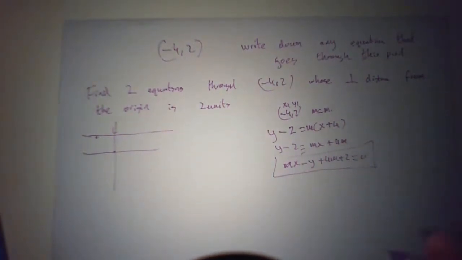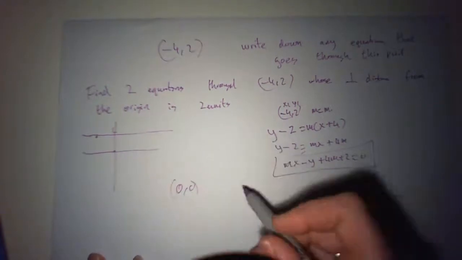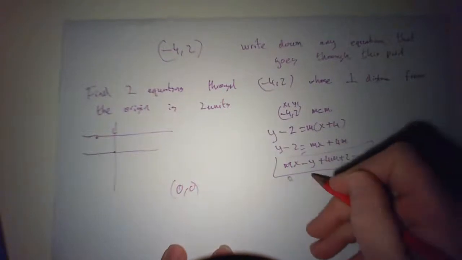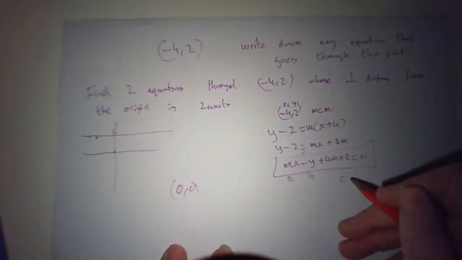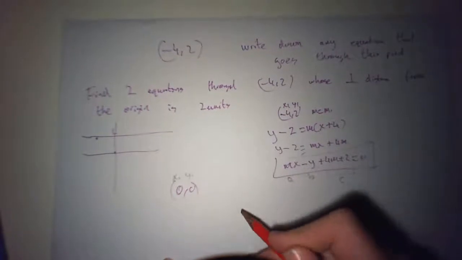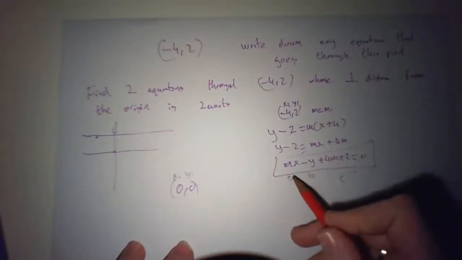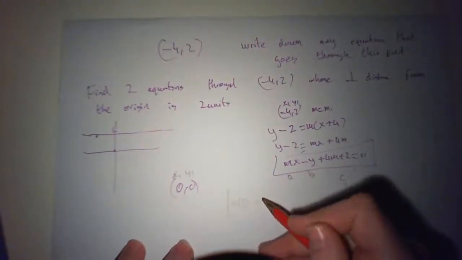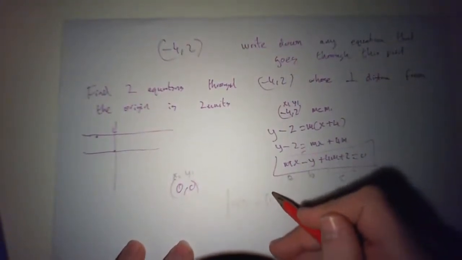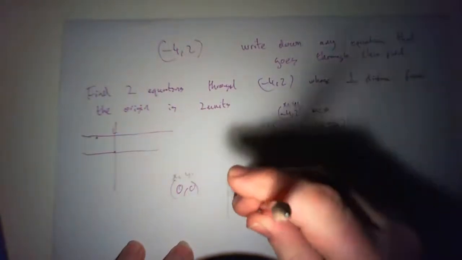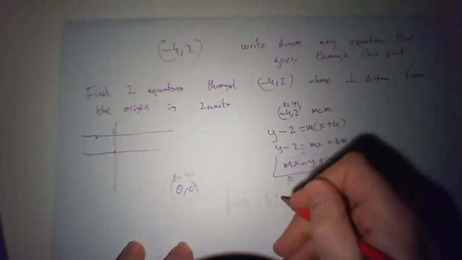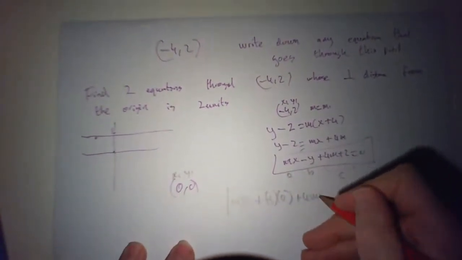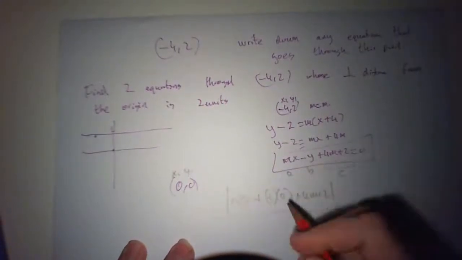Okay, so the origin is 0, 0, and here's my equation. So this is my A, my B, and this whole thing is my C. Okay, x1, y1. So we have m times 0 minus 1 times 0 plus 4m plus 2, all over the square root of a squared plus b squared.